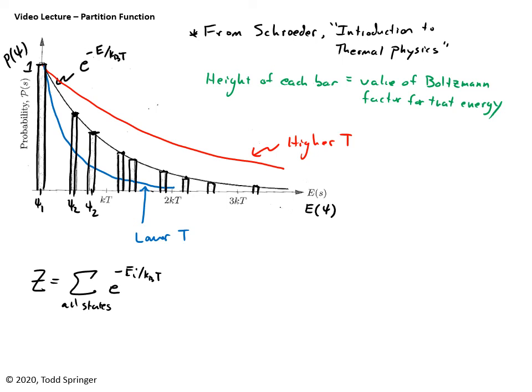And then when you've added up the height of each of those, that gives you Z. So this is the height of all bars when stacked on top of each other. So that's just one way to help visualize what's going on here.